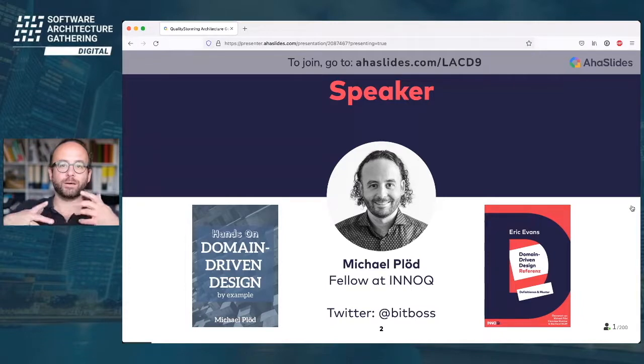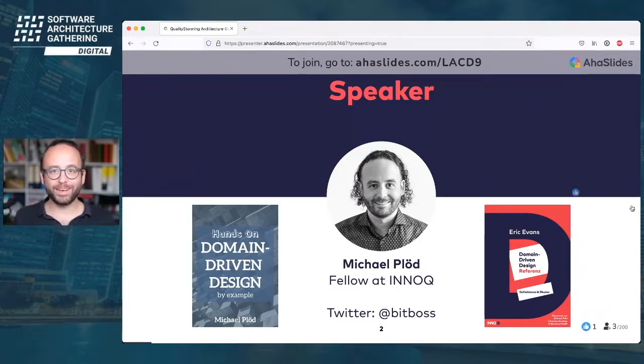And when you ask domain experts or other stakeholders of your software architecture for quality requirements or so-called non-functional requirements, you often get very extreme opinions on things, and you often get requirements that are hard to work with. So I came up with an idea for a workshop method, and I called that quality storming. And I want to introduce you to this method in this talk.